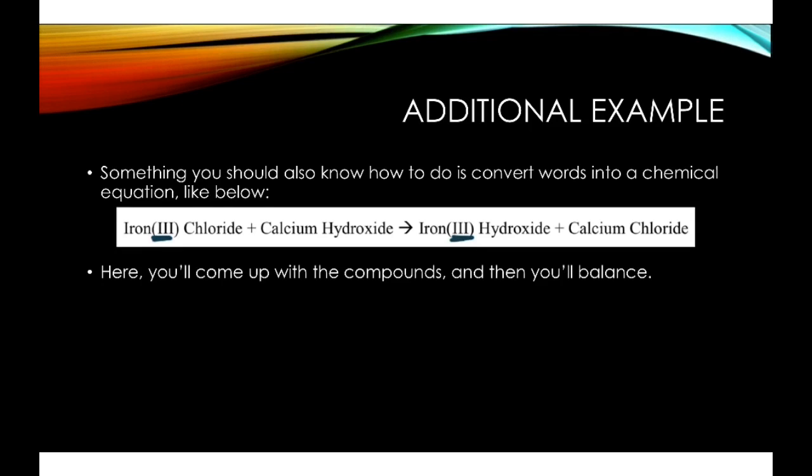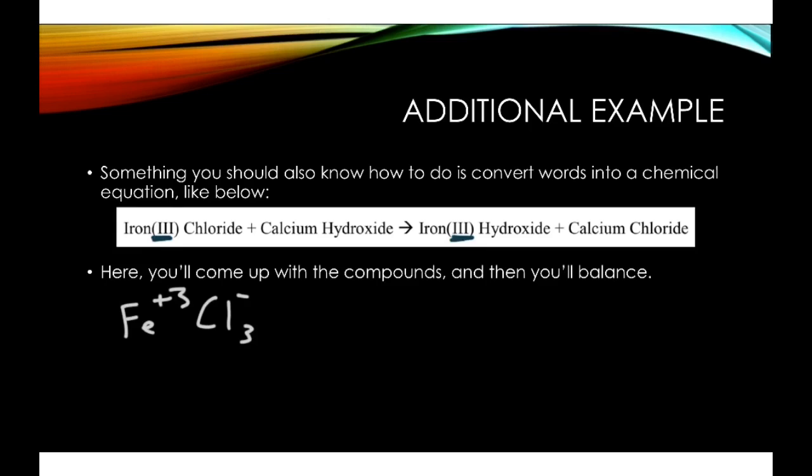So iron 3 chloride is going to be iron with a +3, and then if I know that my chloride has a -1 and my charges need to cancel, I'm going to need 3 chlorine to balance out, so I have a -3 and a +3 charge.